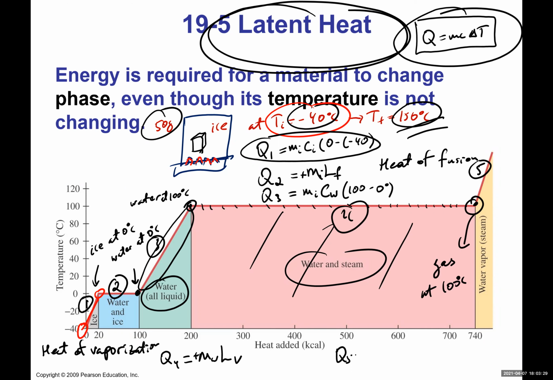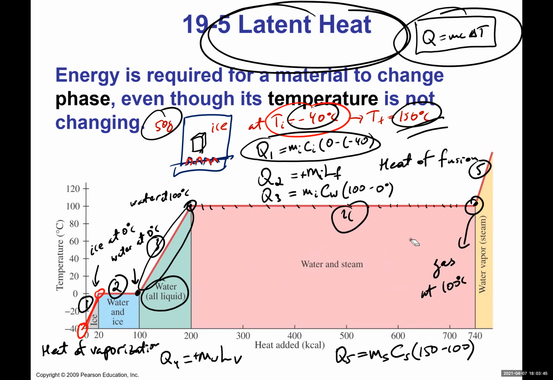That will be Q5: mass of steam times specific heat of steam, times 150 minus 100. This gives you the amount of energy needed to get to this point, 150 degrees, which is our final desired temperature.